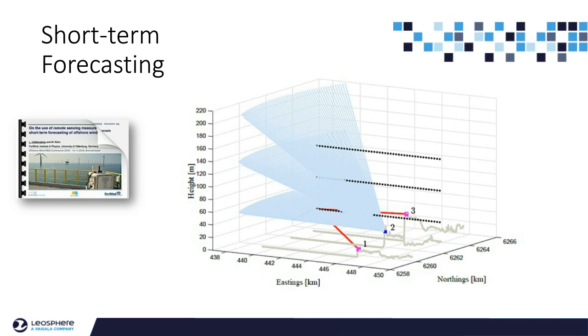The one in the middle was doing several PPIs, so several sector scans at different elevations, and the 2 others were pointing at the same height in order to match positions of the 3 levels with the other LiDAR in the center. Here, they were looking at the wind speed forecast measurement out to 5 to 6 kilometers from the shore. And they were also doing modeling on coastal effects with the dual setups from the sides, having the 10-minute average data up to 3 kilometers.